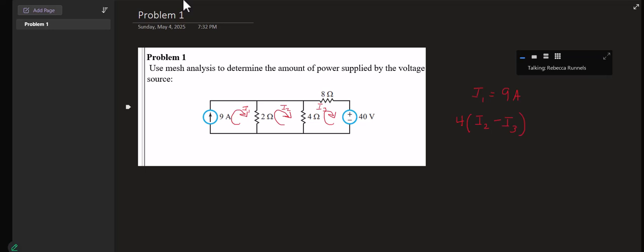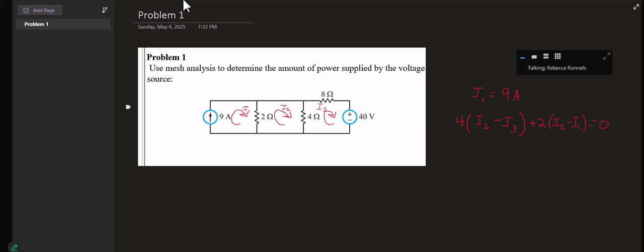So coming to this 4 ohm resistor, it'd be 4(I2 minus I3). And then when I come to the 2 ohm resistor, that'll be 2 times (I2 minus I1) equals 0. Now, apparently in my notes, I labeled my loops in the opposite order, I3, I2, I1, so already my notes don't match, so I can't check myself.